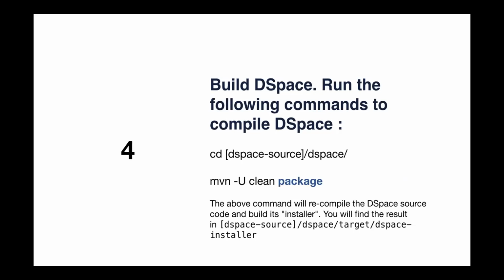Okay. And the above command will compile the DSpace source code and build its installer. You'll find the installer on this directory. This step is exactly the same as how you do the initial, fresh installation. Then you go to this directory.